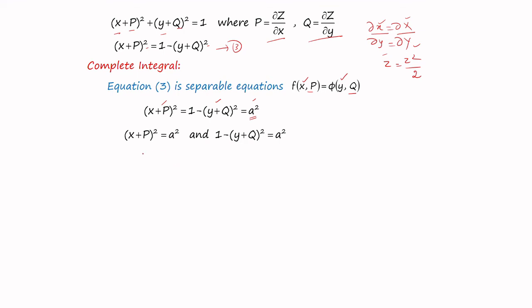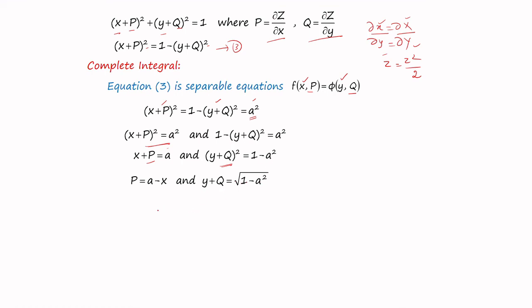Okay, and here you can remove the squares and find out the values of p and q, isn't it? So, taking the square root on both sides, you have x plus p is equal to a, and here you have y plus q the whole square equal to 1 minus a squared, so taking the square root, from this you can take p is equal to a minus x, and y plus q is equal to root of 1 minus a squared.